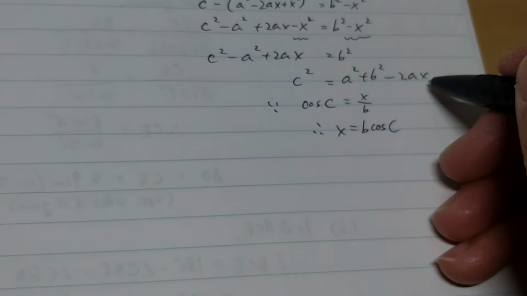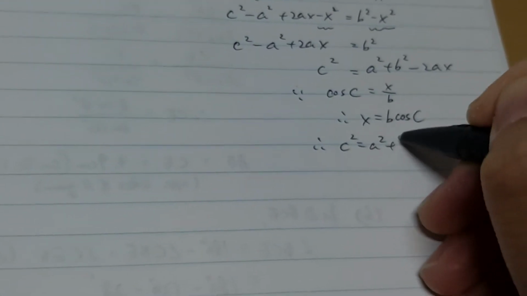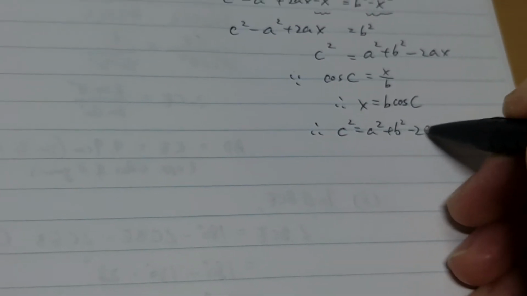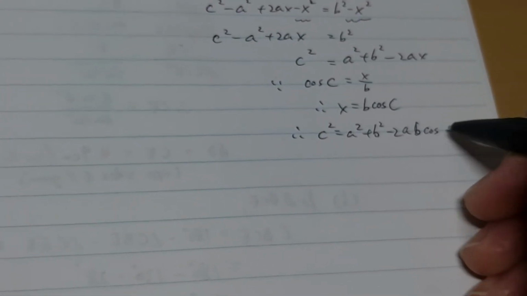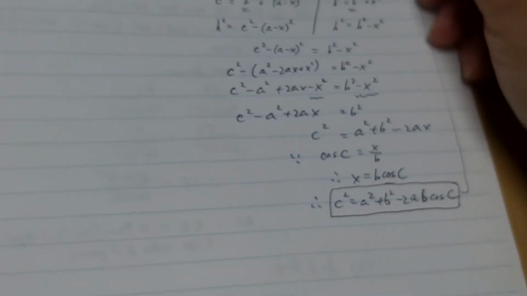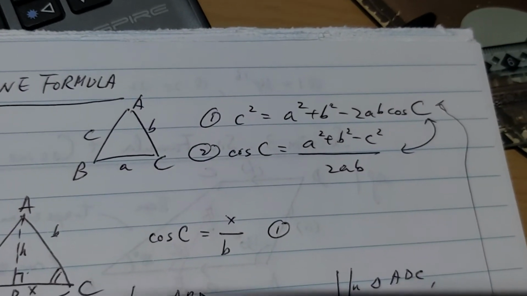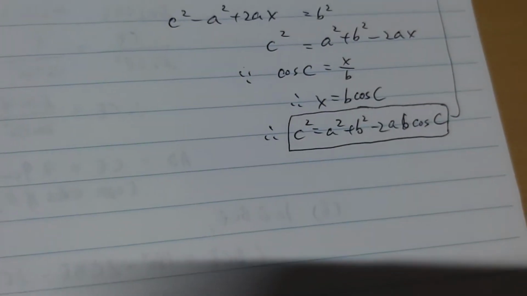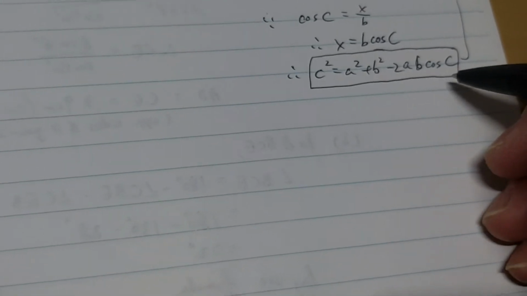So substitute in here. So c squared equals a squared plus b squared minus 2a, x is b cosine c, which is the same as the formula here. So this is the first formula.